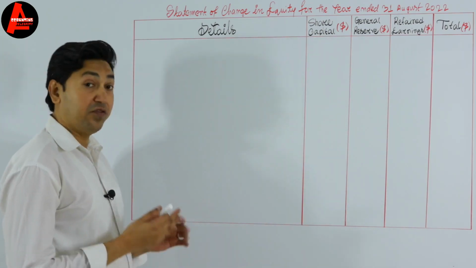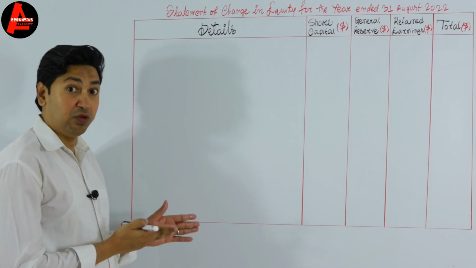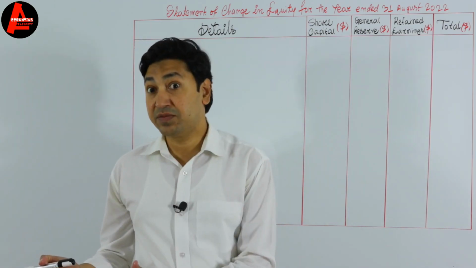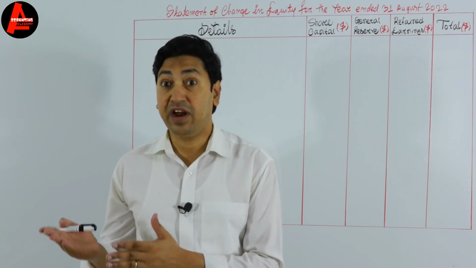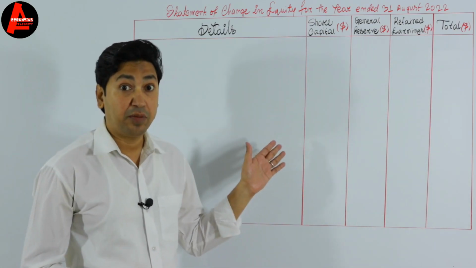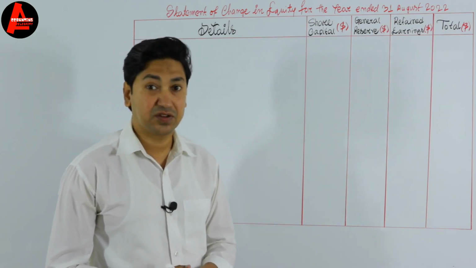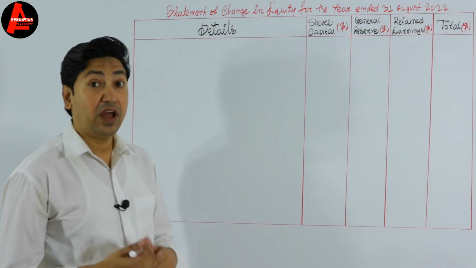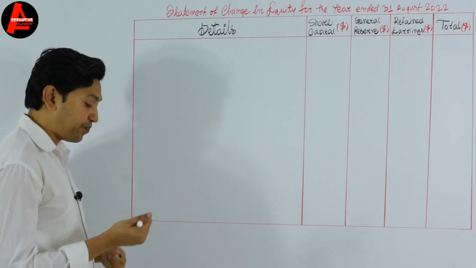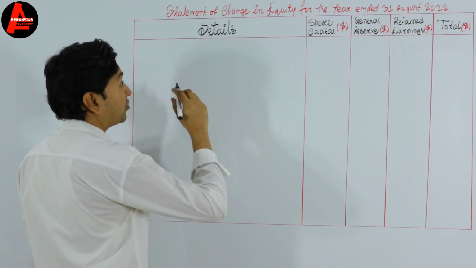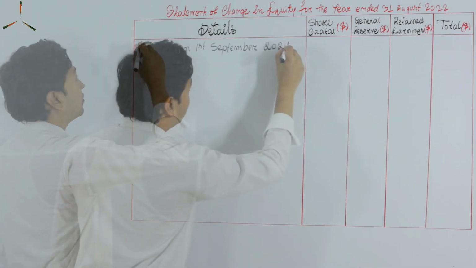So we have our opening balances. We will write here our opening balances. Then we have some adjustments. We will adjust them with the relevant amount to calculate the closing balances. So let us write here balance on 1st September 2021.